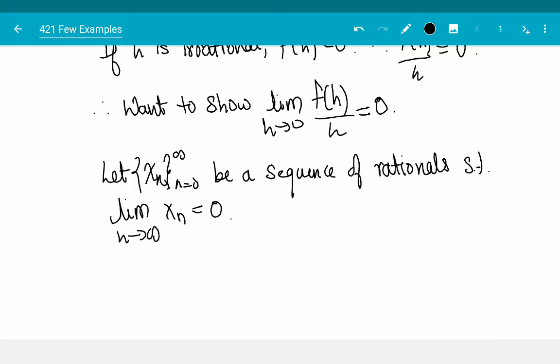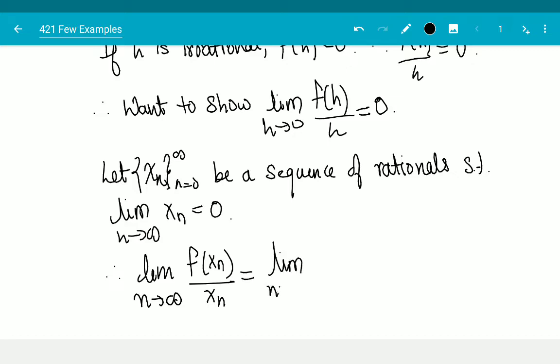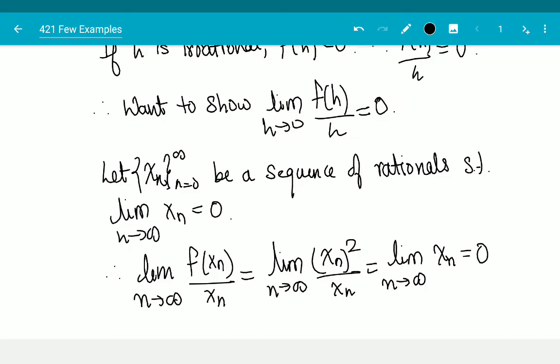So what I'm going to do is, therefore, the limit as n goes to infinity of f of xn over xn is equal to the limit as n goes to infinity of xn squared over xn, which is equal to the limit as n goes to infinity of xn, which is equal to 0, right?